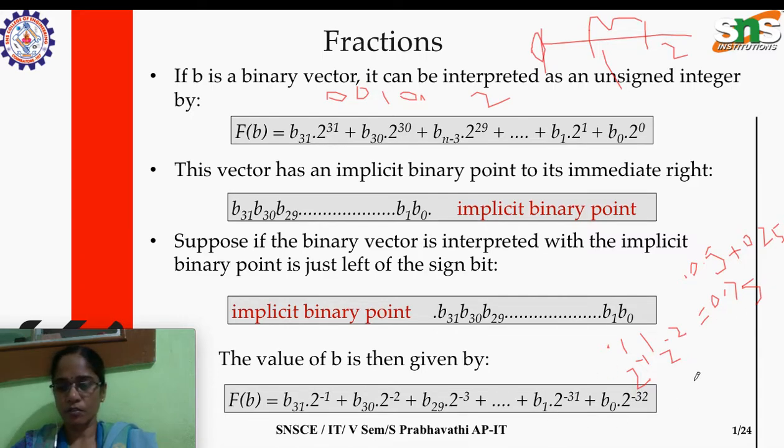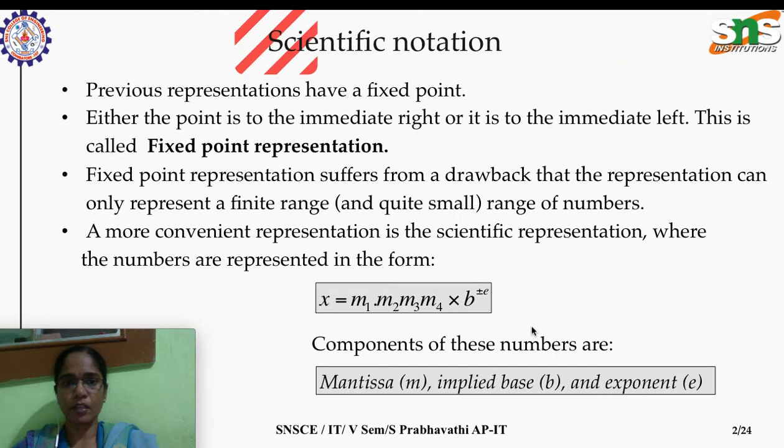So this is something about the implicit binary point in the number system, that is placed to the left or the right side. And for doing scientific calculation, what we have seen so far in the previous topic is a fixed point representation. Fixed point representation means the decimal point is at the immediate right or the immediate left.